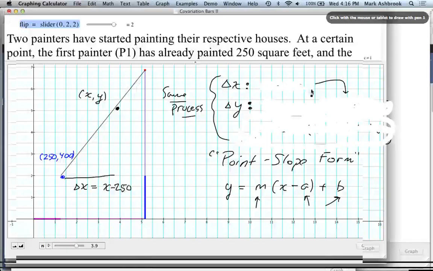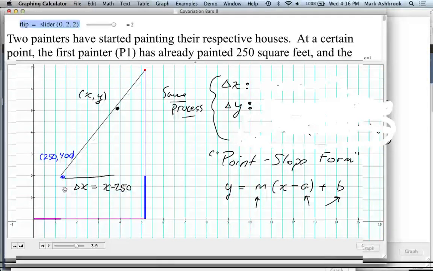Okay, so what are we really after here? We're trying to get the amount painter 2 has painted when painter 1 has painted how much? 0, right? So from 250, are we decreasing the amount that painter 1 painted or increasing?